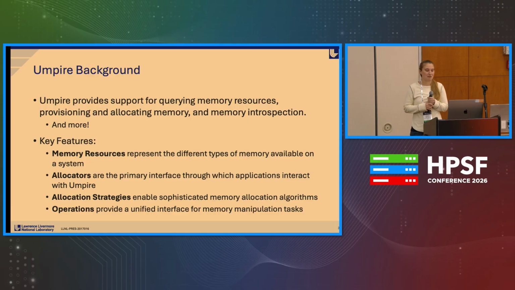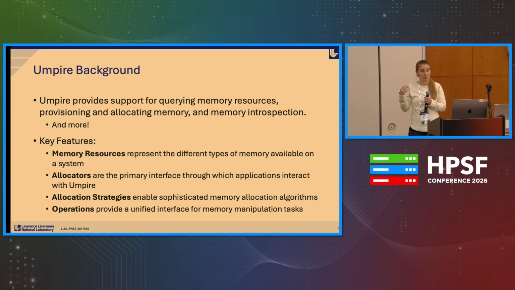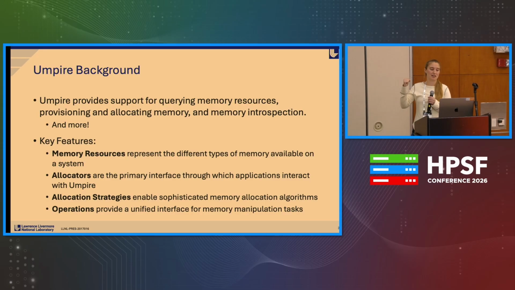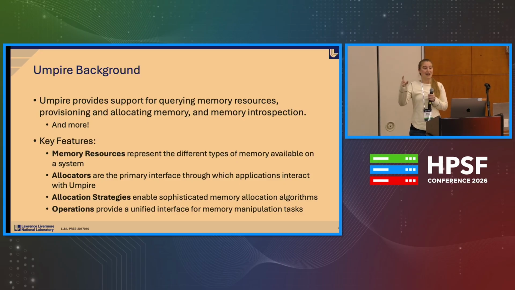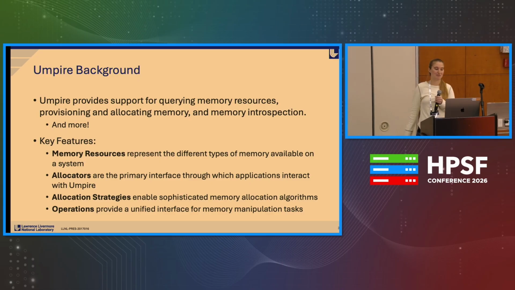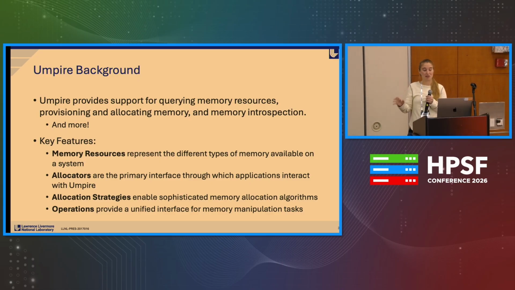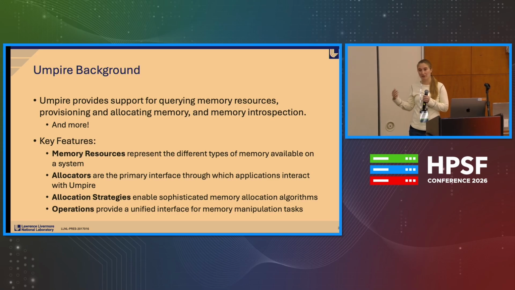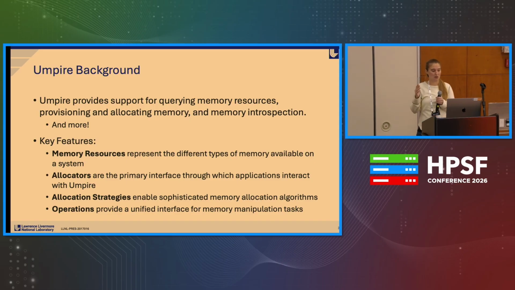Another important point is that it provides support for querying the memory resources, provisioning and allocating that memory, and a little bit of memory introspection, so you can query things about your allocators. It has key features, and we'll see this throughout some code examples. There are the memory resources, which represent the different types of memory available on your system: device memory, host memory.